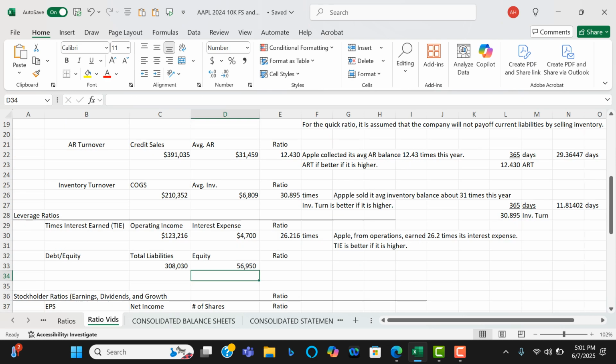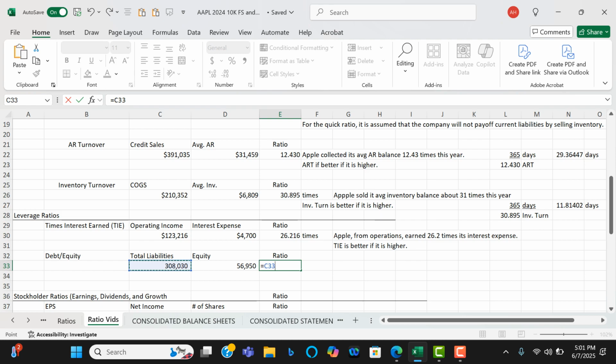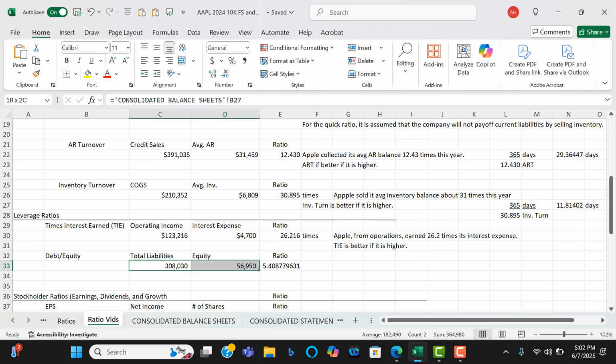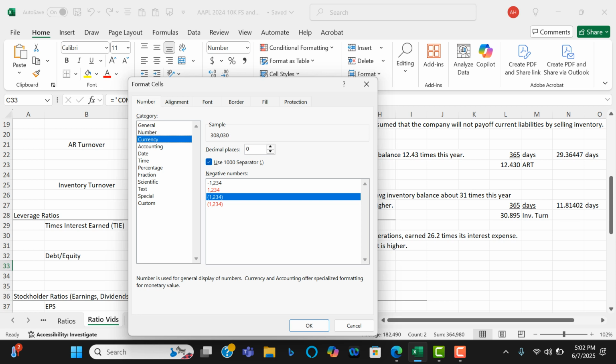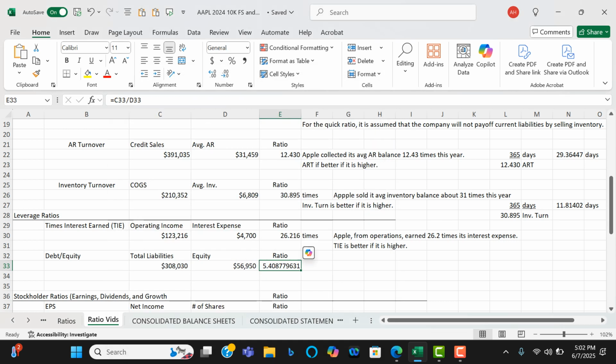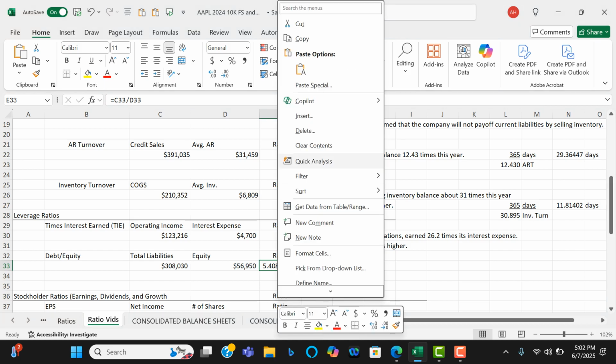And so the ratio is, Apple has $308 billion of liabilities and only $57 billion of equity. So think about that for a second. It's going to be a very high ratio. Okay, and so we'll reformat this to dollars here. And we'll use a standard 3 decimal places.